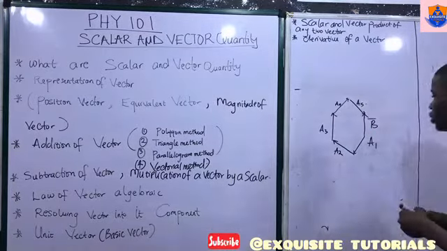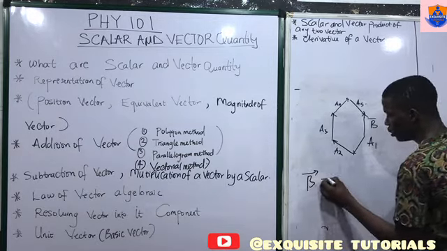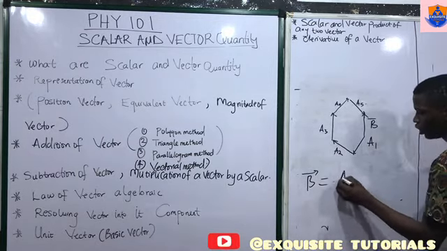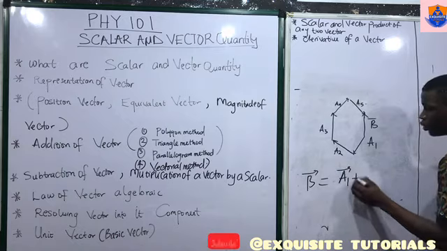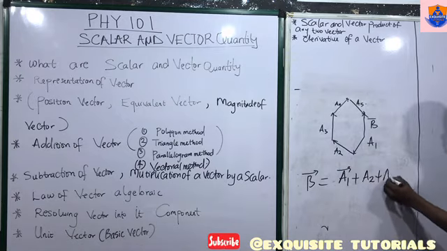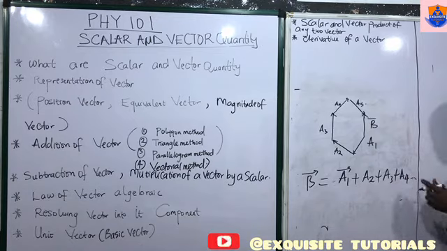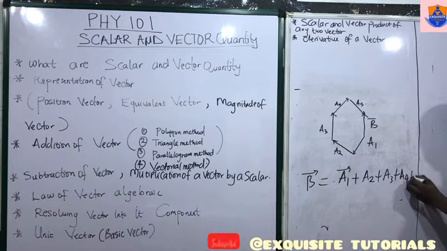So I can therefore say that the vector B is equal to a1 plus a2 plus a3 plus a4, then for this case plus a5.